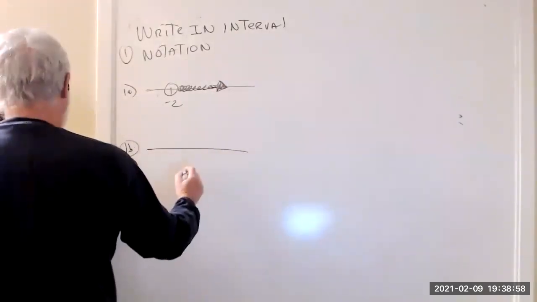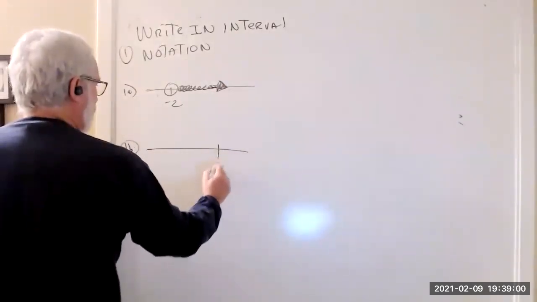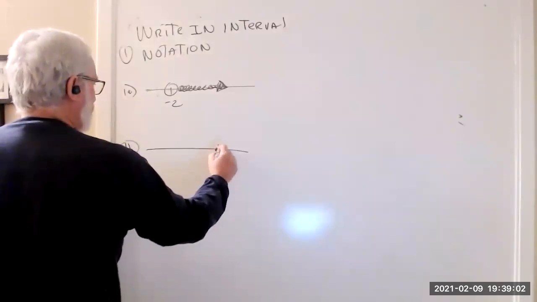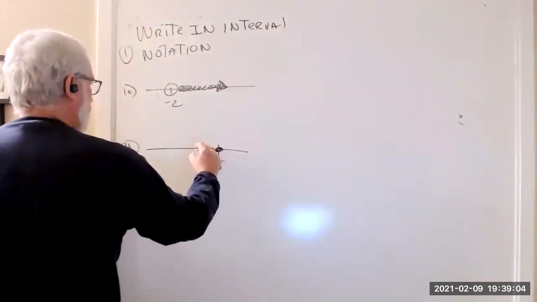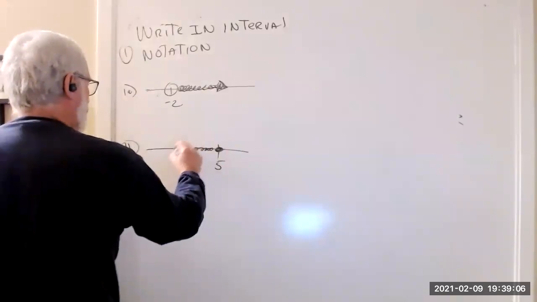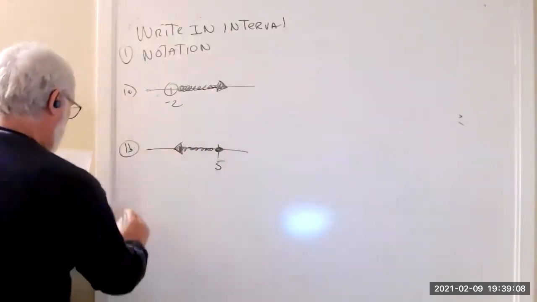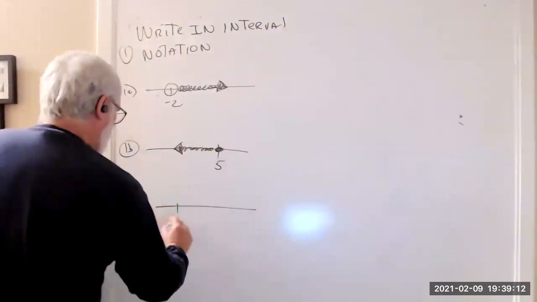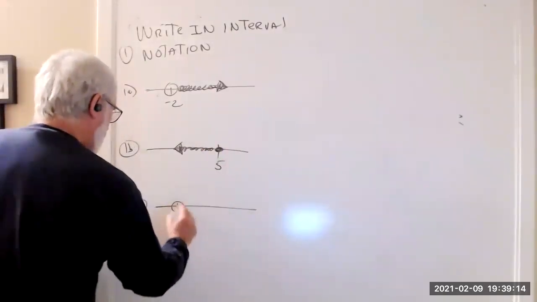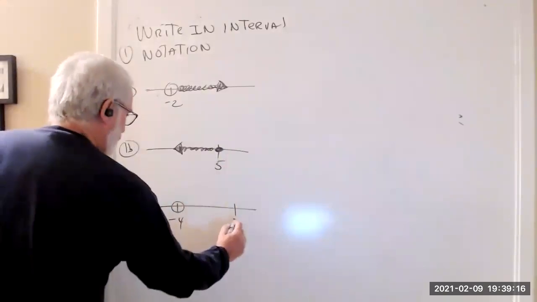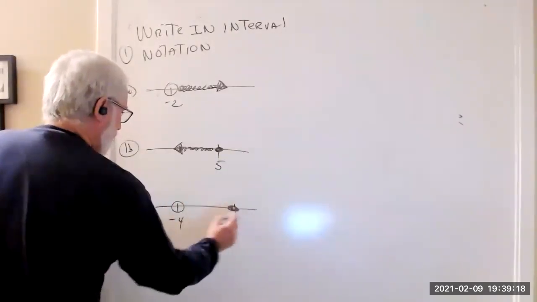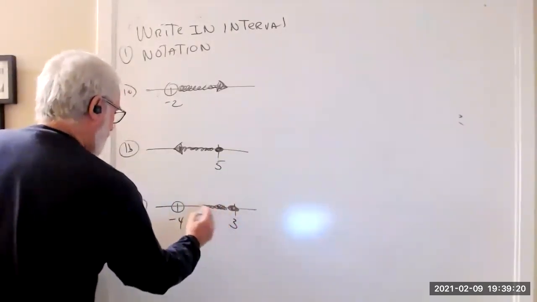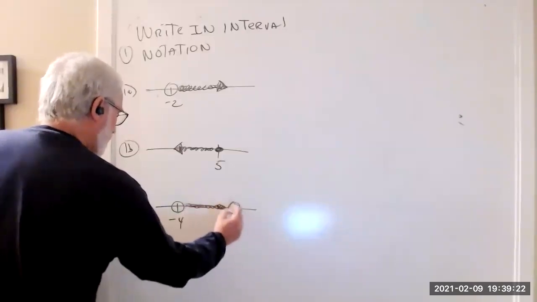Okay. 5. Arrow this way. And 1c, -4, 3, shaded that way.